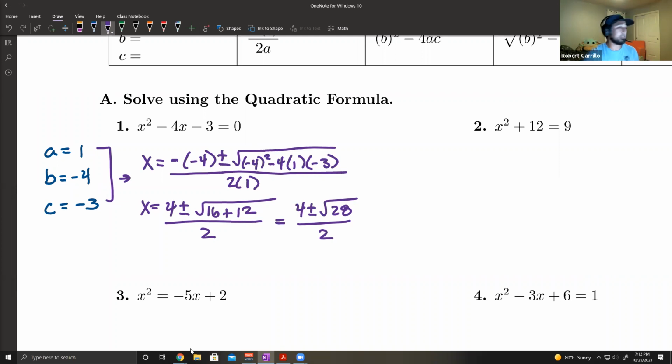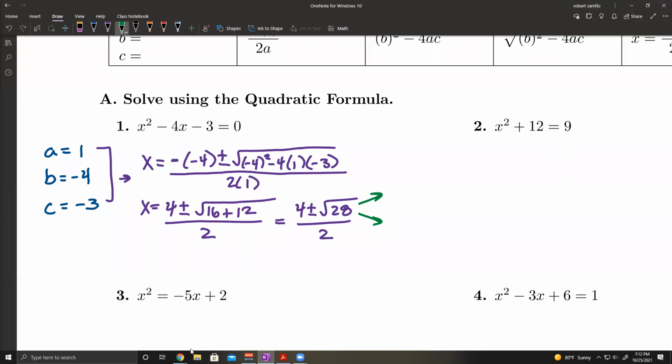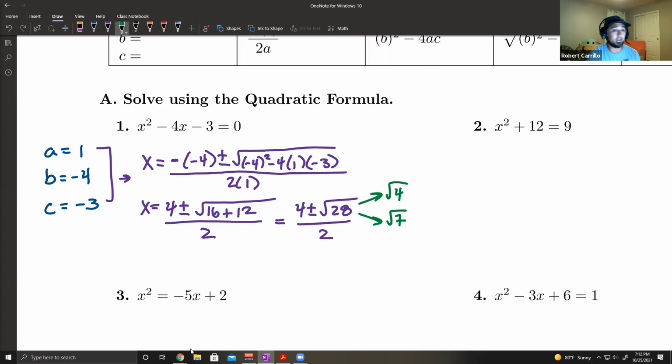All right, now let's have some more fun. Can you break down the square root of 28? Give me 2 numbers that make 28. 4 and 7. Square root of 4, square root of 7. What is the square root of 4? 2.